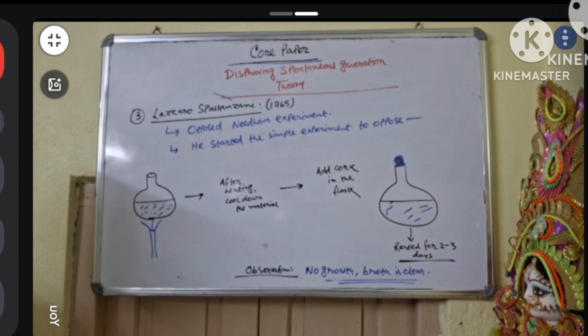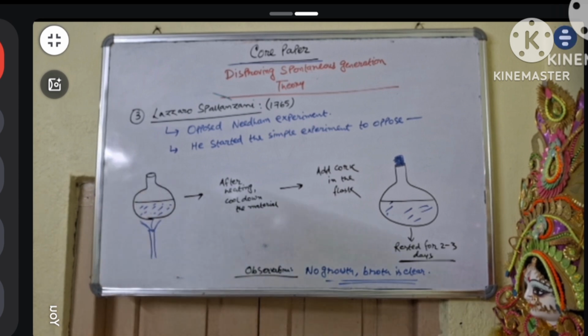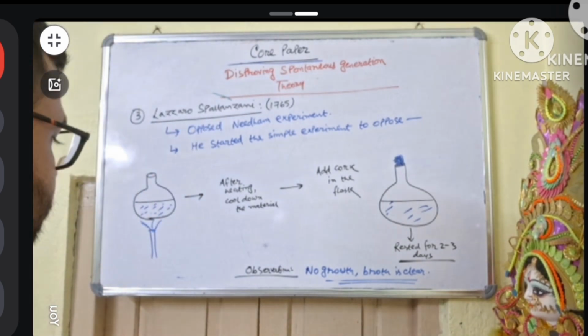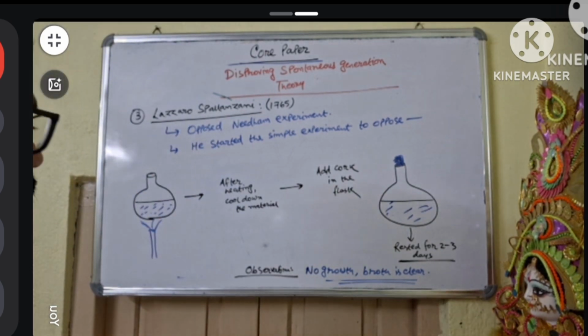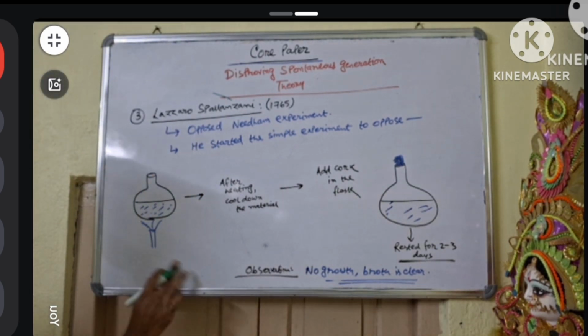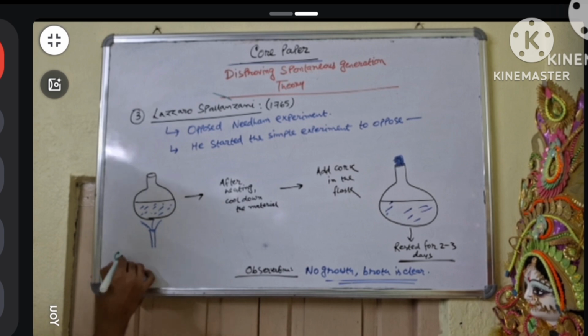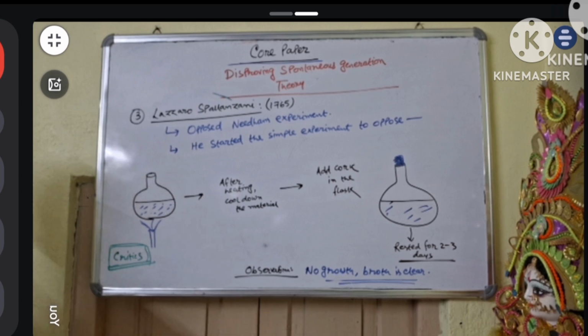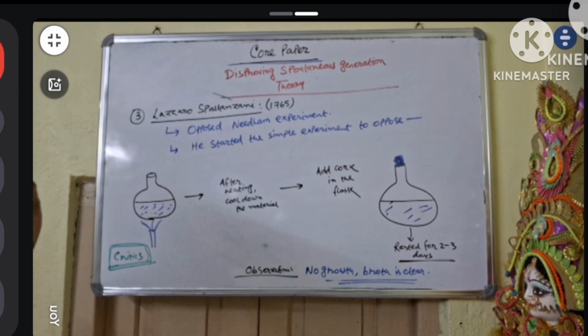Done. But critics appeared. They stated the same thing as when they opposed Redi's experiment. That is the concept of vital force.